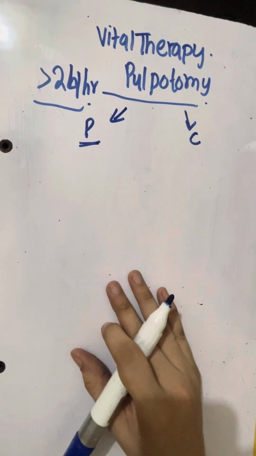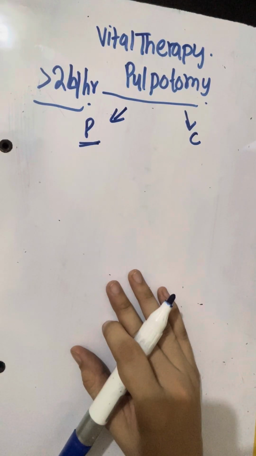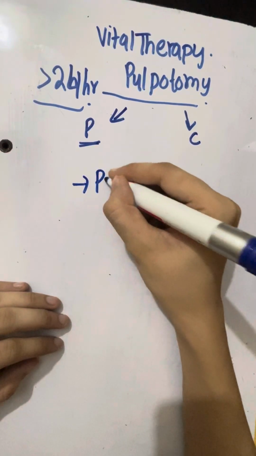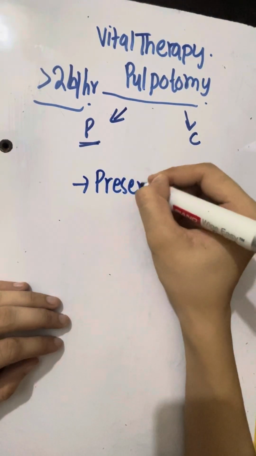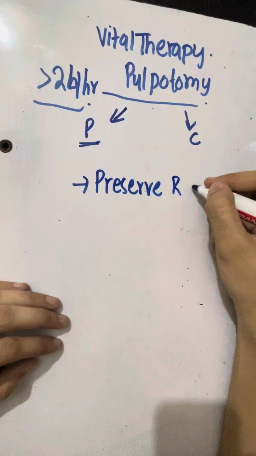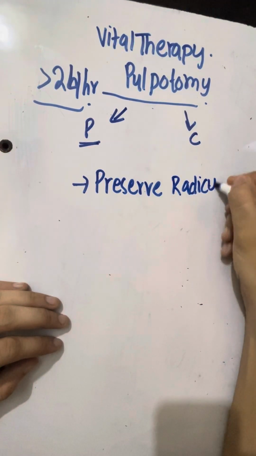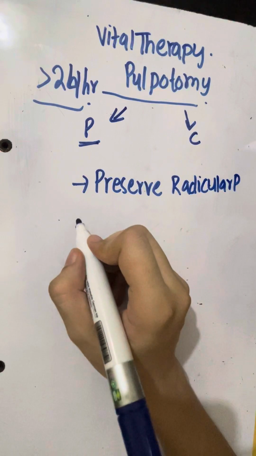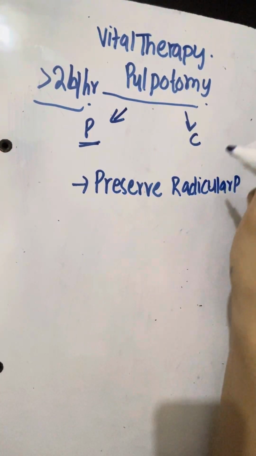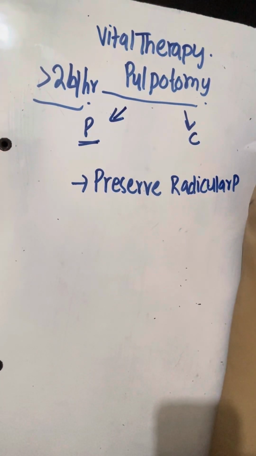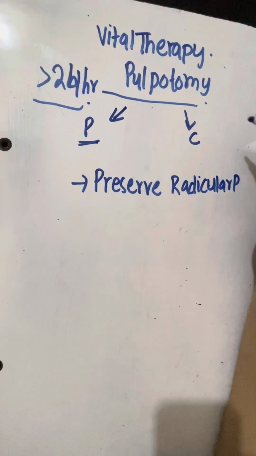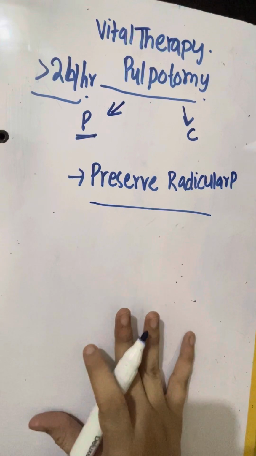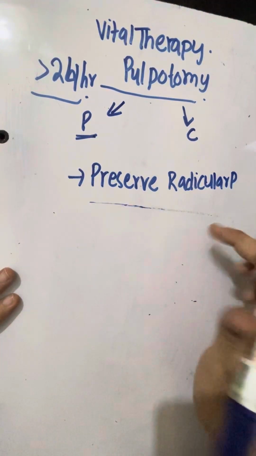So pulpotomy, why are we performing pulpotomy? To preserve. What are the advantages? That we are preserving the radicular pulp and we are removing the coronal pulp. But what are the advantages of preserving the radicular pulp?